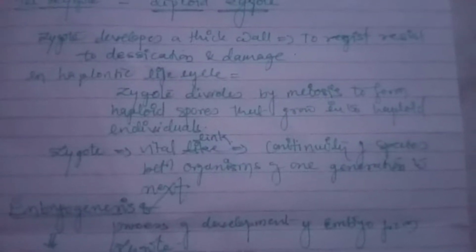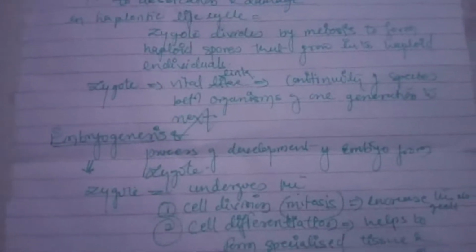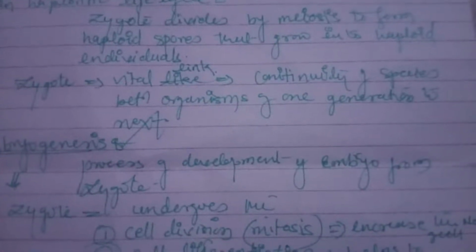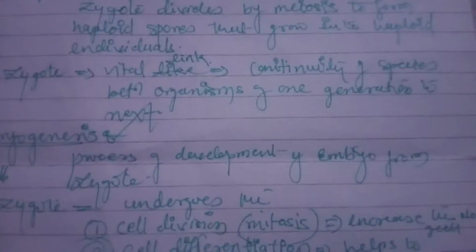What is the importance of zygote? It is the vital link for the continuity of species between the organisms of one generation to the next generation.